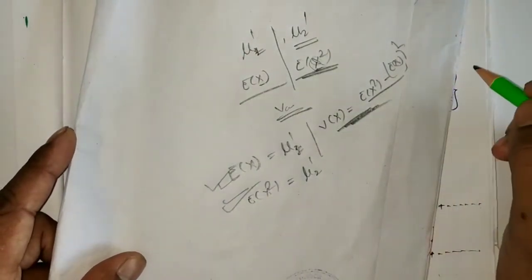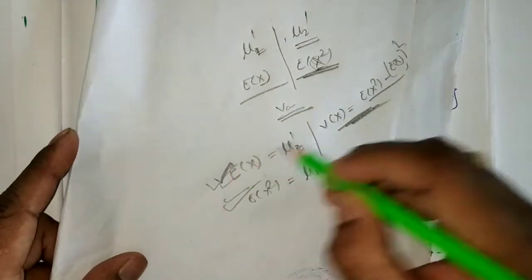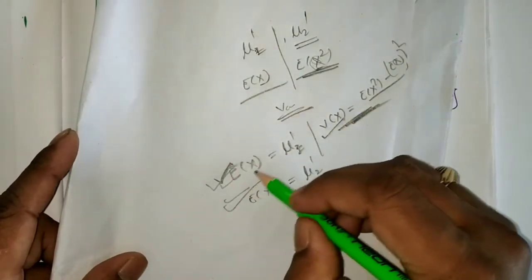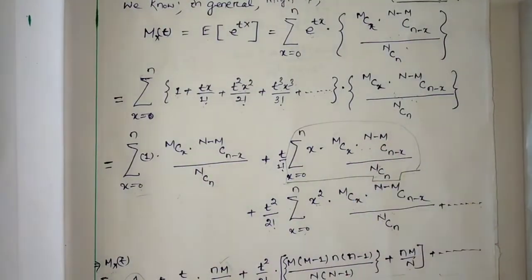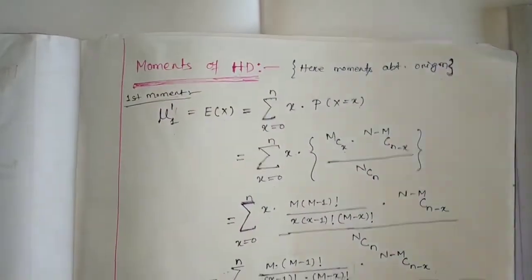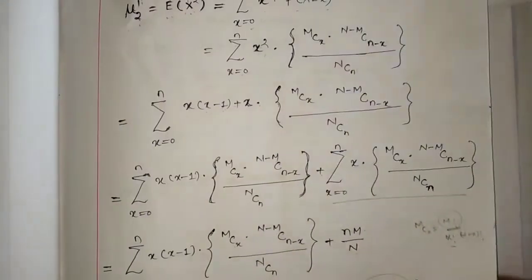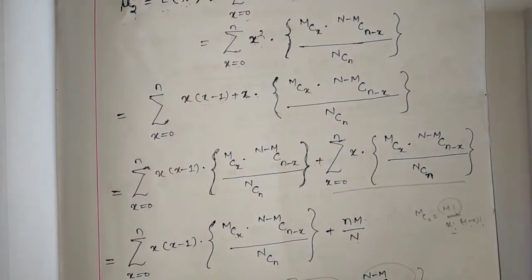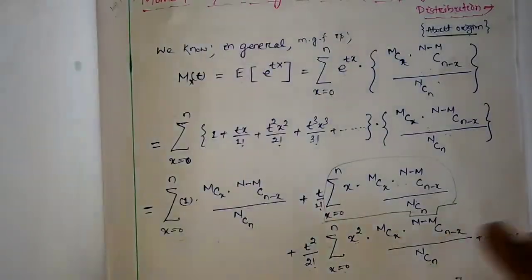So you have to find out E(X) and E(X square). At that time, you can consider either this method, that means finding the first moment and second moment, whatever we have done in our last video, or you can consider the moment generating function.